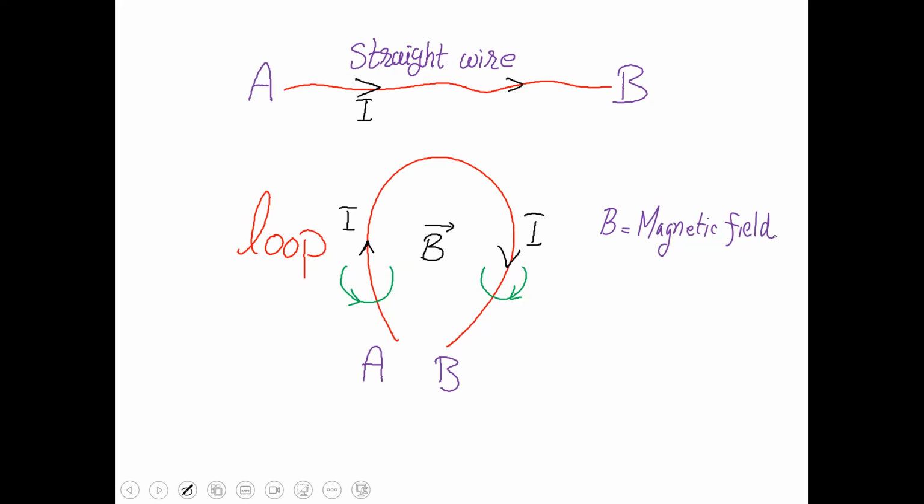And the wire is bent, and the current is passing through the wire. On one side, the magnetic field is clockwise, and on the other side, the magnetic field is anti-clockwise. So you have to copy this screen.